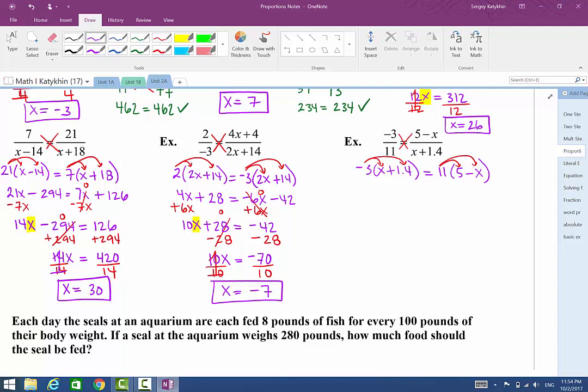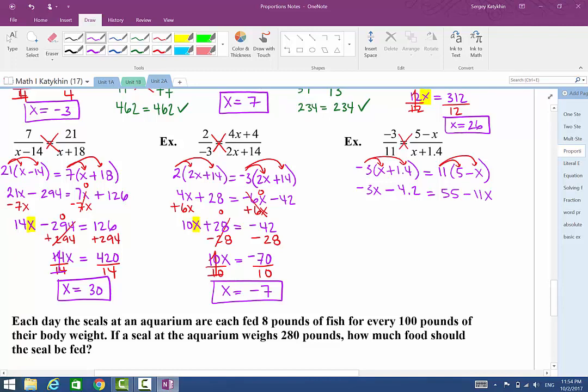So when we do this, we get negative 3 times x, which is negative 3x. Negative times a positive is actually going to be negative, and 1.4 times 3 is going to give us 4.2 is equal to 11 times 5, which is 55, and 11 times a negative x would be negative 11x.